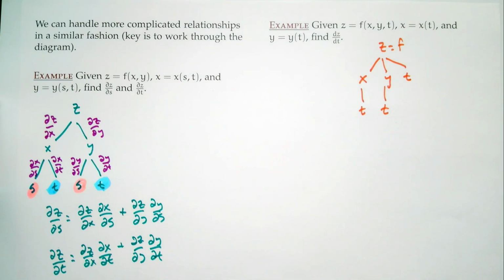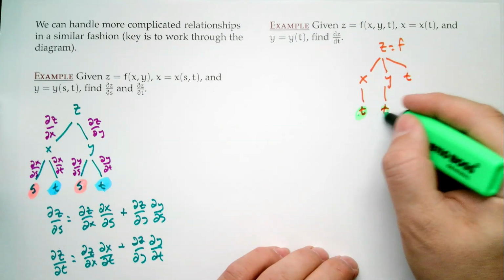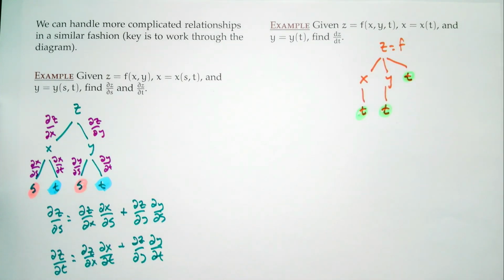Now, it's a little bit more complicated notation because we want to be careful to make sure we understand what derivatives we're talking about. You might say, wait a second, the t's are at different heights. Is that okay? It's fine that they're at different heights. That won't stop us.